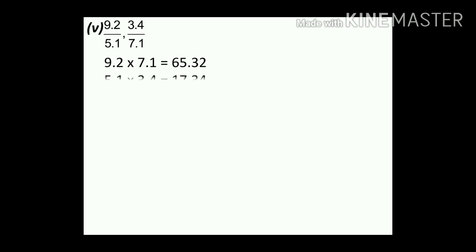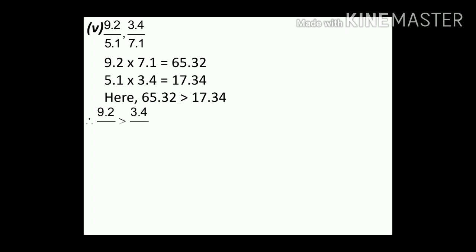Now 5.1 into 3.4 equals 17.34. Now children, we have to compare these two numbers. Which is the greater one? Here 65.32 is greater than 17.34. Therefore, 9.2 upon 5.1 is greater than 3.4 upon 7.1.